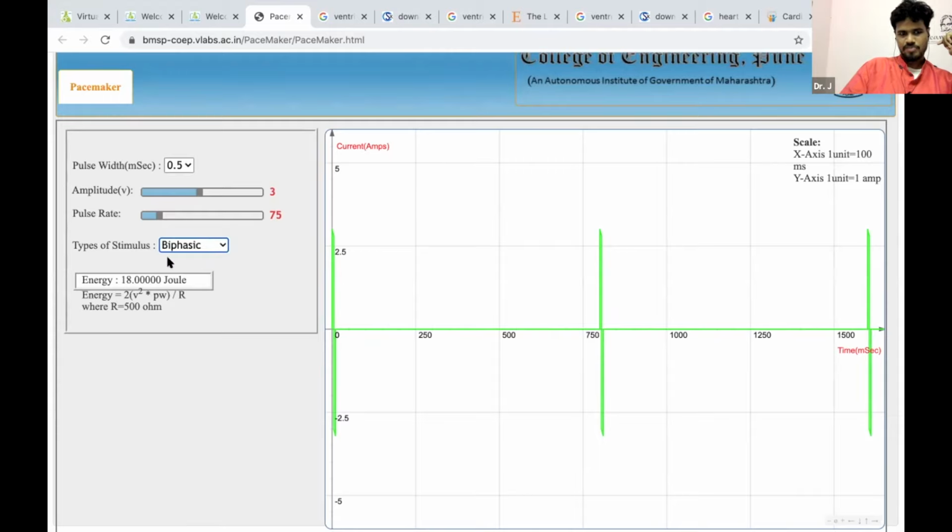Notice for a biphasic pulse, the energy for a specific pulse is now twice V square T by R. This is because you have a pulse in the forward direction and a pulse in the reverse direction. And this is not the energy calculation from the capacitance initially stored. This is dissipation as the pulse is applied, V square by R into time taken for it. And that energy kind of doubles for biphasic.